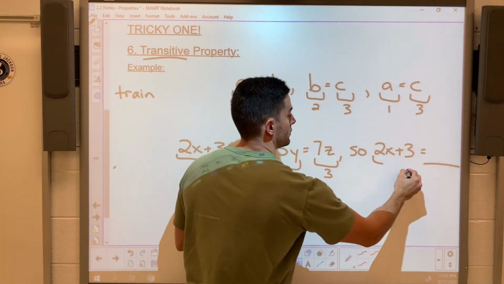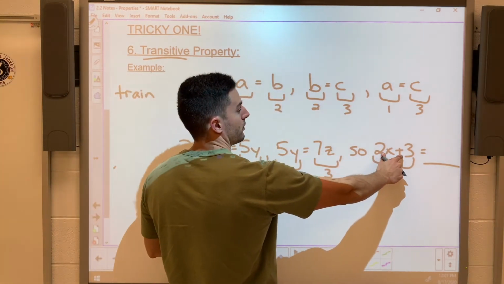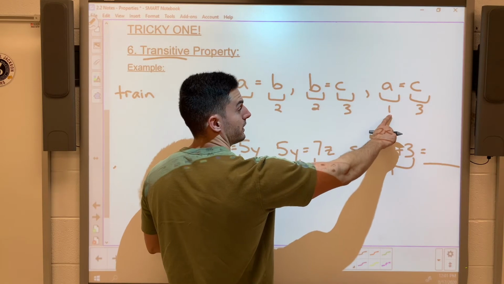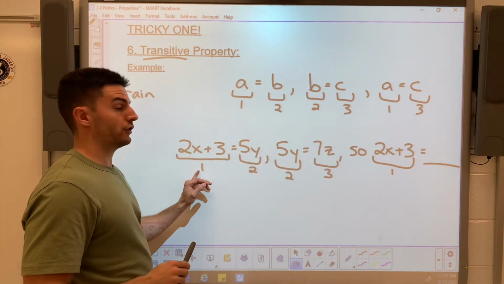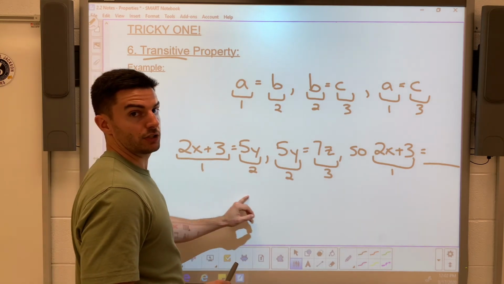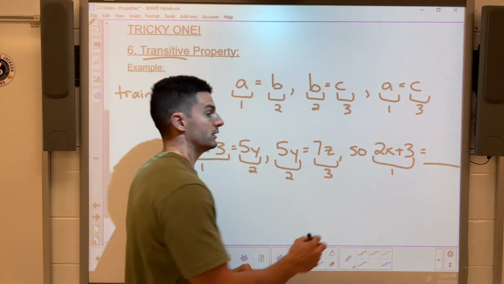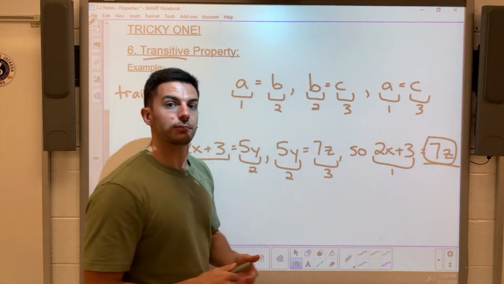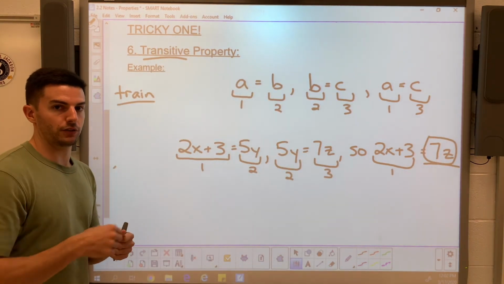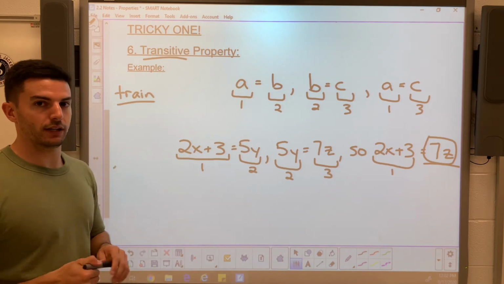So thing 1, 2x plus 3, again, based on my transitive property, that first thing must equal that third thing. So here, that first thing, 2x plus 3, must equal my third thing, 7z. Okay, so that would be the answer. So that's the transitive property. Okay, I'll do some more examples of that in the next video.